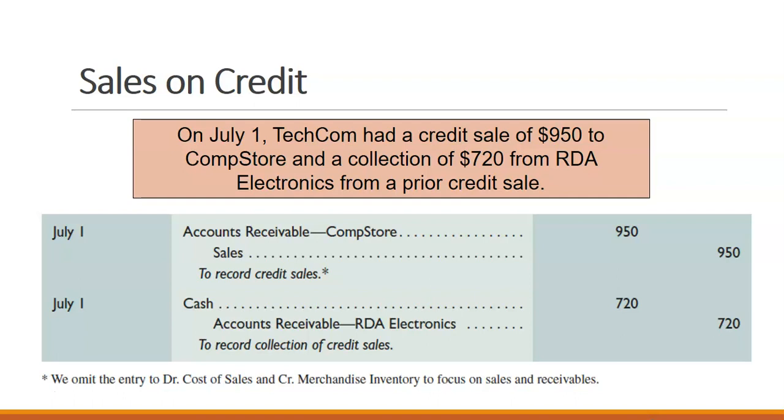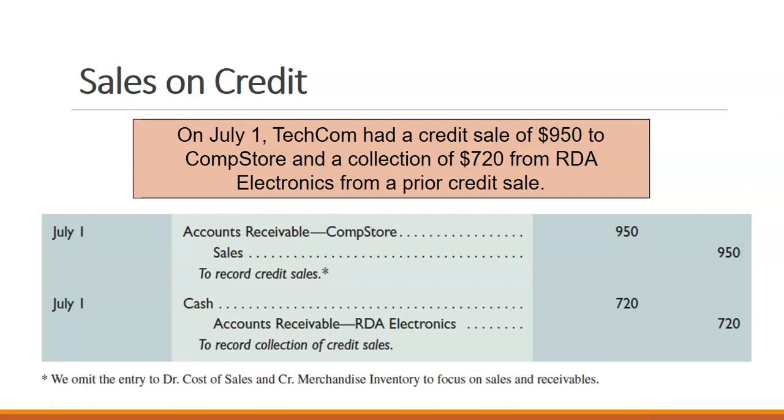We're going to look at various transactions that affect accounts receivable. One is a sale on credit. If this company provides credit sales or a company-sponsored credit card, then we would have accounts receivable and sales.